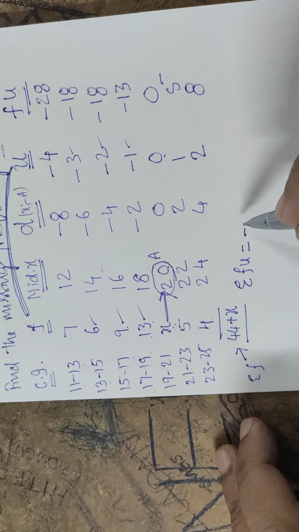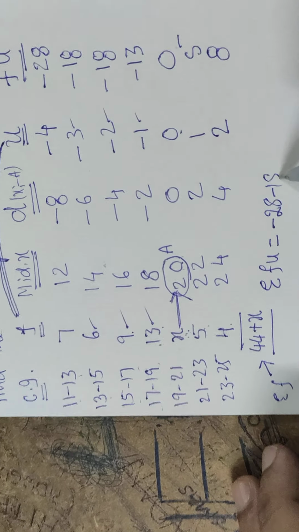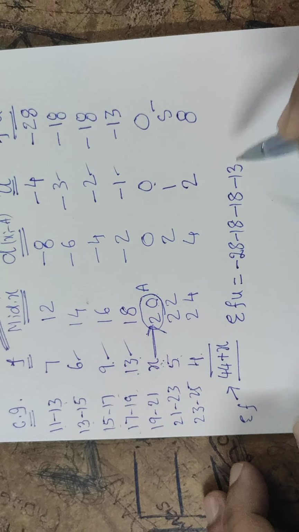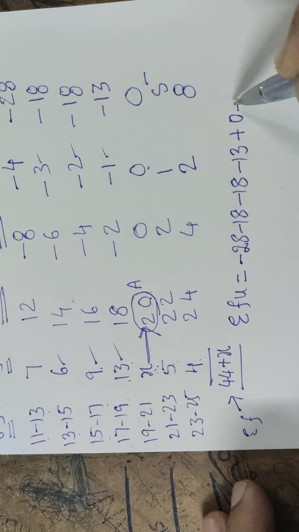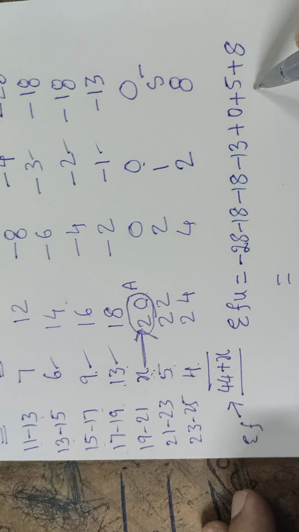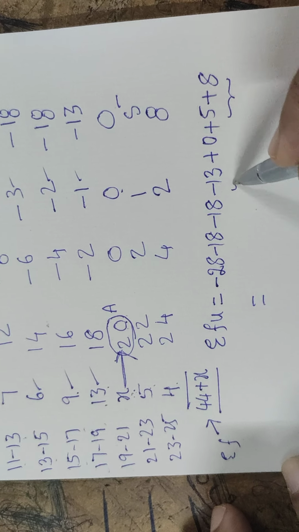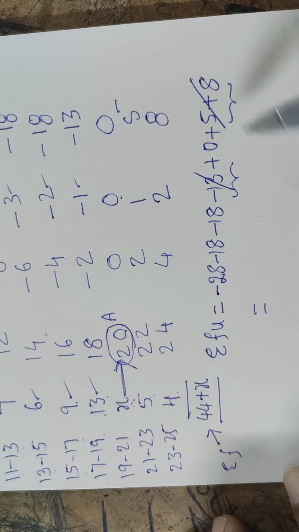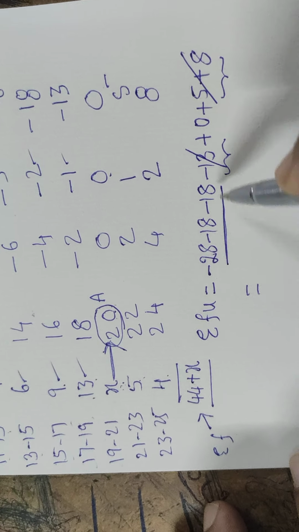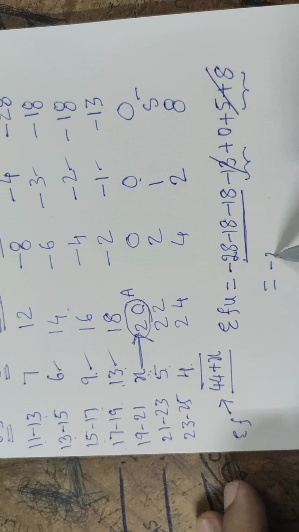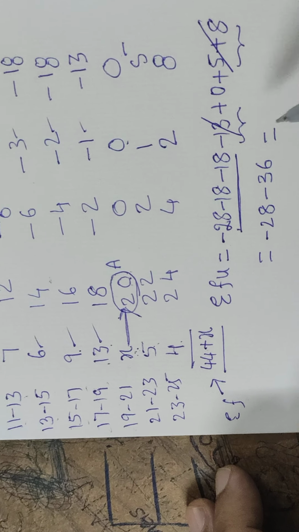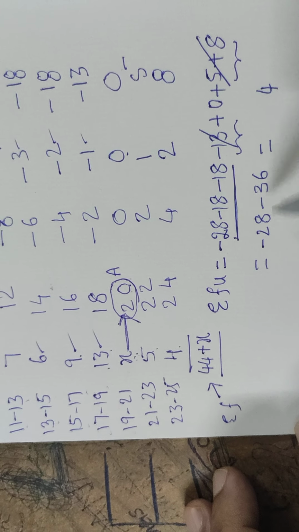Sigma fu: minus 28, minus 18, minus 18, minus 13, plus 0, plus 5, plus 8. Now 5 and 8 give you 13, and this minus 13 can be nullified. You are left with these three values only: minus 28 and minus 18 is minus 46, and minus 18 more makes minus 64.